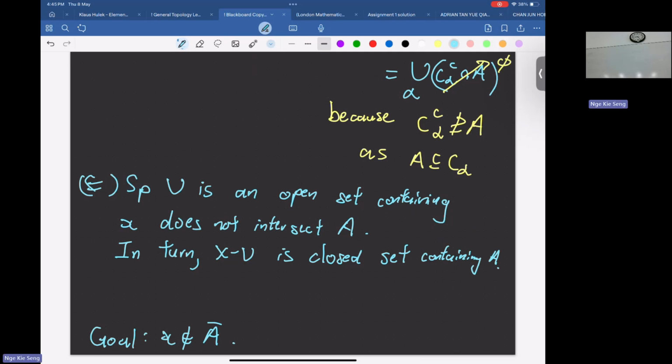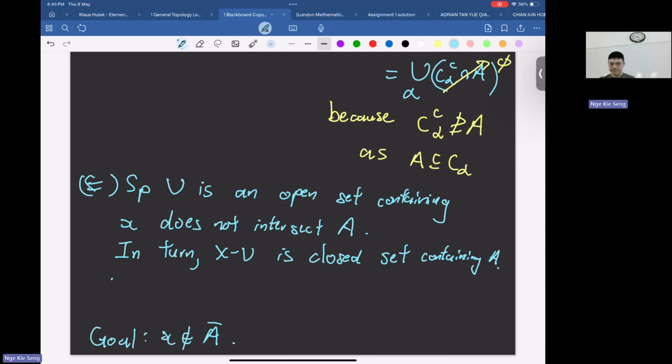This term is one of the intersection terms, but this X minus U shouldn't contain X. X minus U is one of the C alpha, but this set already does not contain X. So we are done.